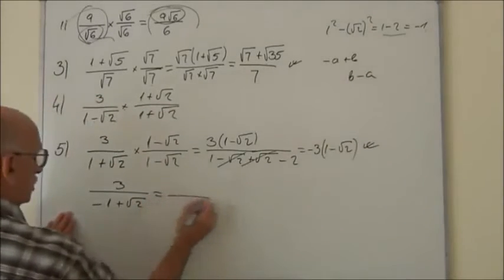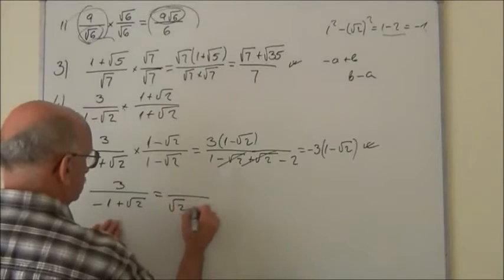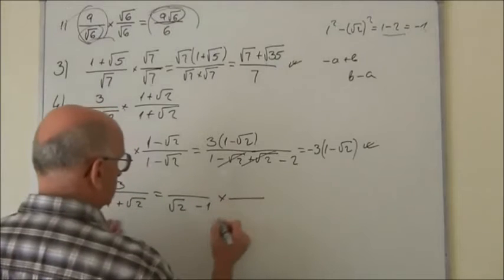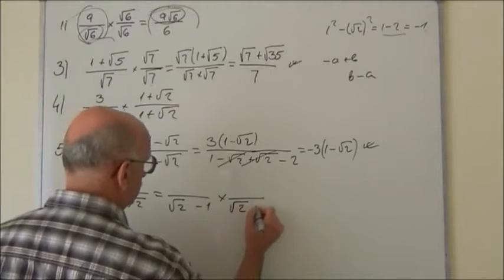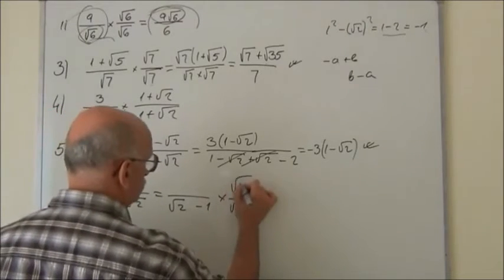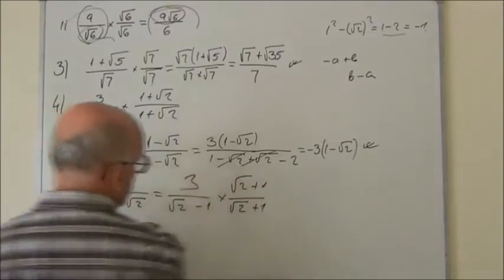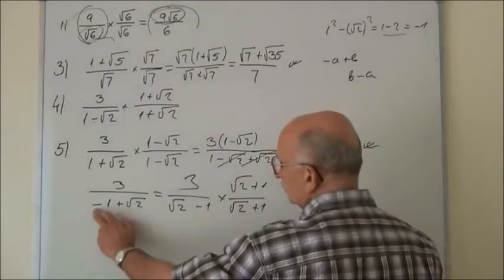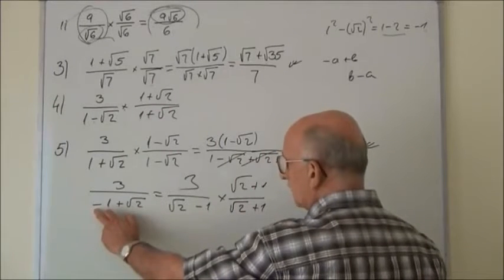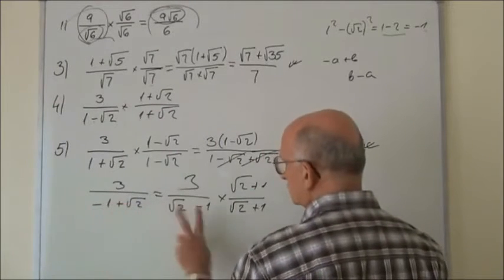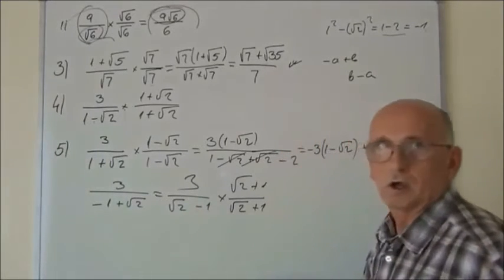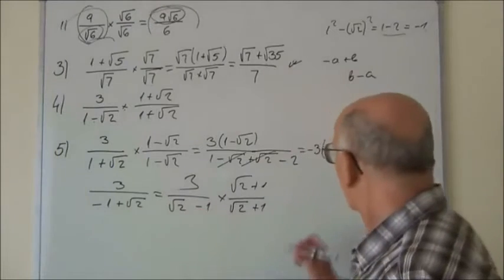So here you can write root 2 minus 1, and now when you are rationalizing the denominator, here will be root 2 plus 1, of course, and whatever is here, 3. So don't allow that minus here to confuse you. Simply swap them around, and again you will get minus in front.